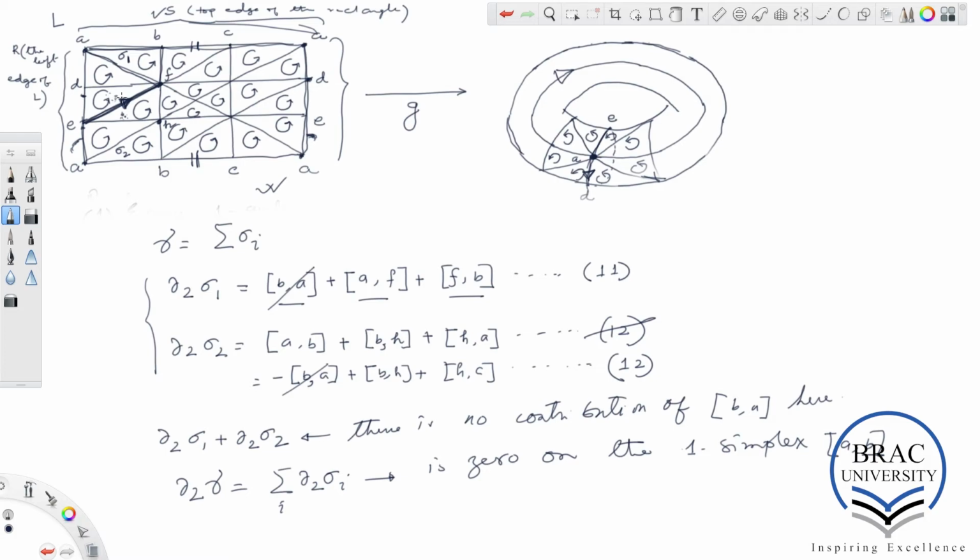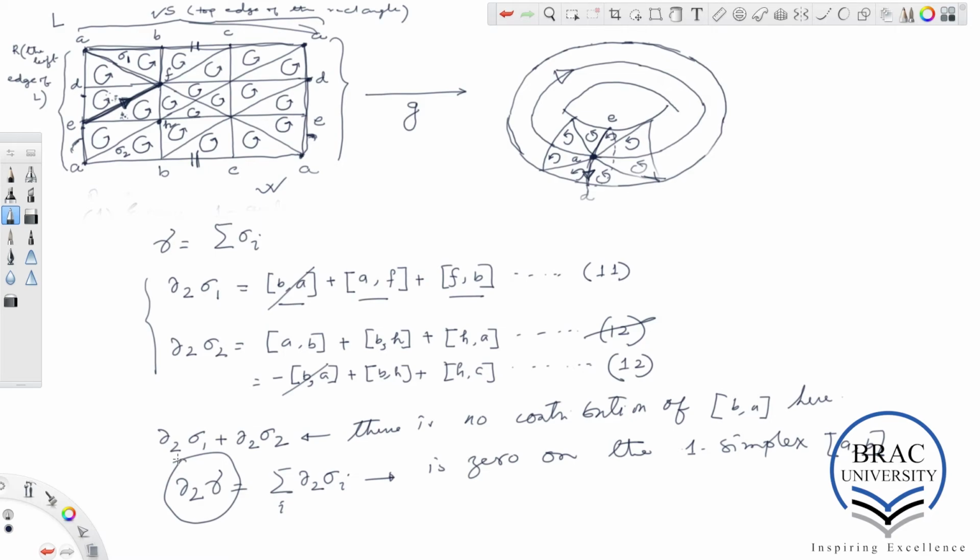Similarly you can check for any other one simplex that does not belong to the boundary of L, for which you will see that delta 2 gamma is going to be 0 on those one simplices that don't belong to the boundary of the complex L.